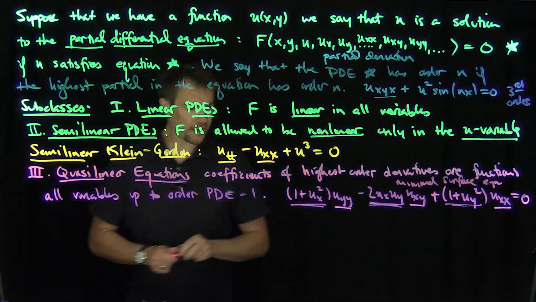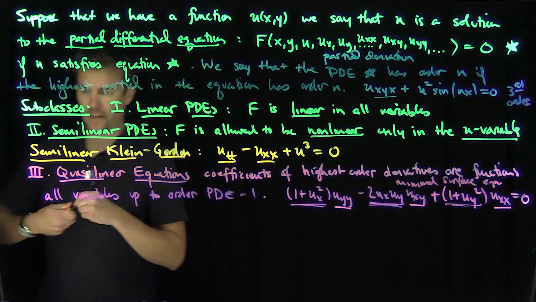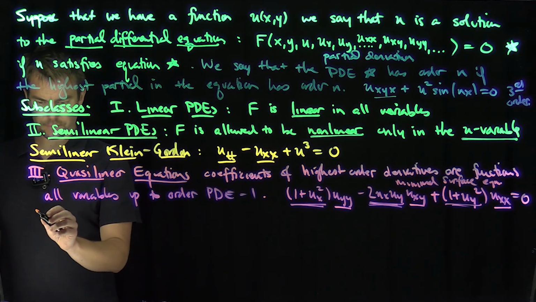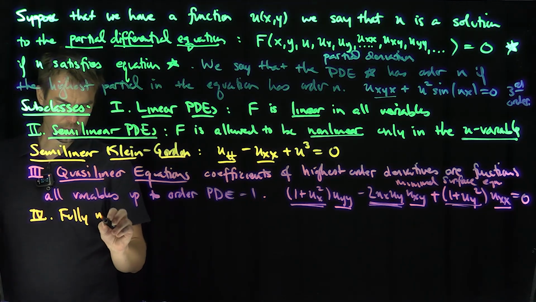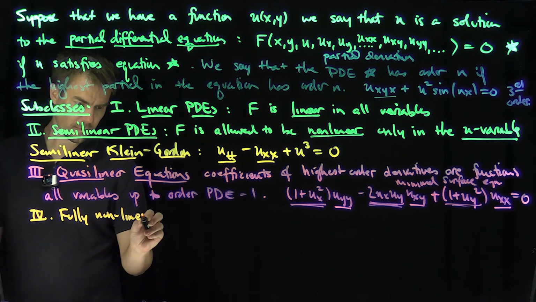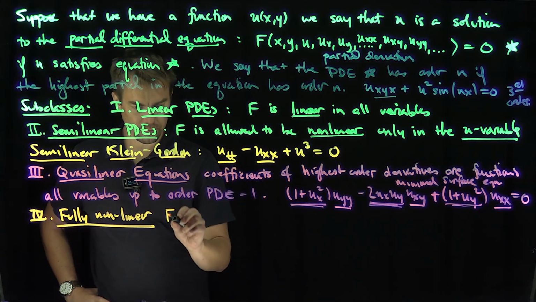Good. All right, and then there's fully nonlinear, which is what you expect. There's nonlinearity everywhere, right? And that's class 4, fully nonlinear. That's just F being completely nonlinear.